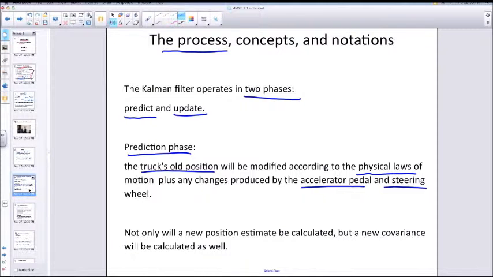But because this is a stochastic model, after you do any estimate, we always need to give a prediction of the covariance. That means how much total error you could expect to have. So the prediction phase has two calculations. One is the data ranking component, just the prediction of your next position. Another one is estimating your covariance.